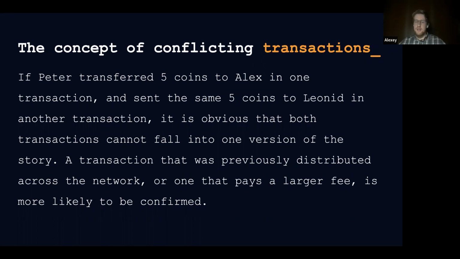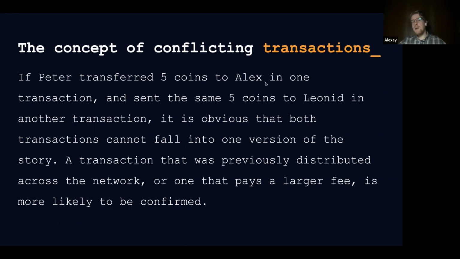The transaction that was previously distributed across the network, or the one that pays a larger fee, will be more likely to be confirmed. So whichever transaction is picked up first will be the one and only true, and the second will be rejected. Let's say in the transaction to Alex, he specified 30 satoshis per byte, and here he specified, I don't know, 10 satoshis per byte.